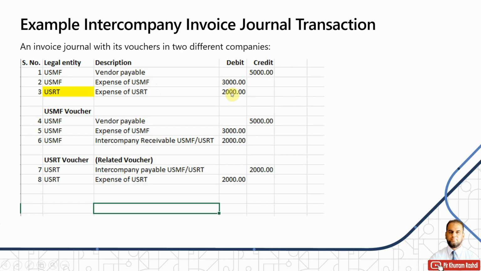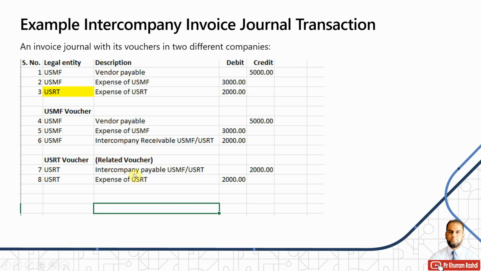How will it be booked? You can see at the bottom, 4 to 6. Vendor payable is booked 5,000, that is clear, and the expense of USMF, 3,000 USD, is booked. But now, once you are recording the expense of USRT of 2,000, at the USMF side you have to receive 2,000 from USRT. So this is booked correctly, which means this is our asset, to be received from USRT.